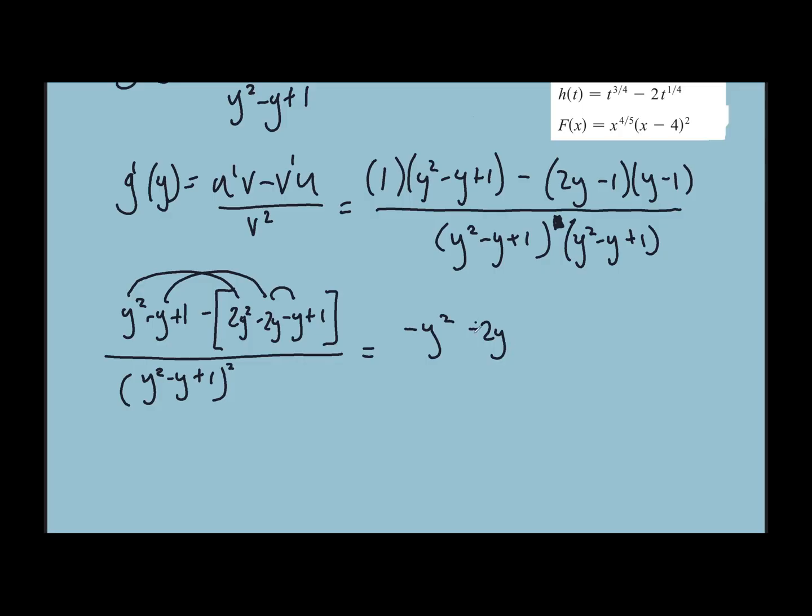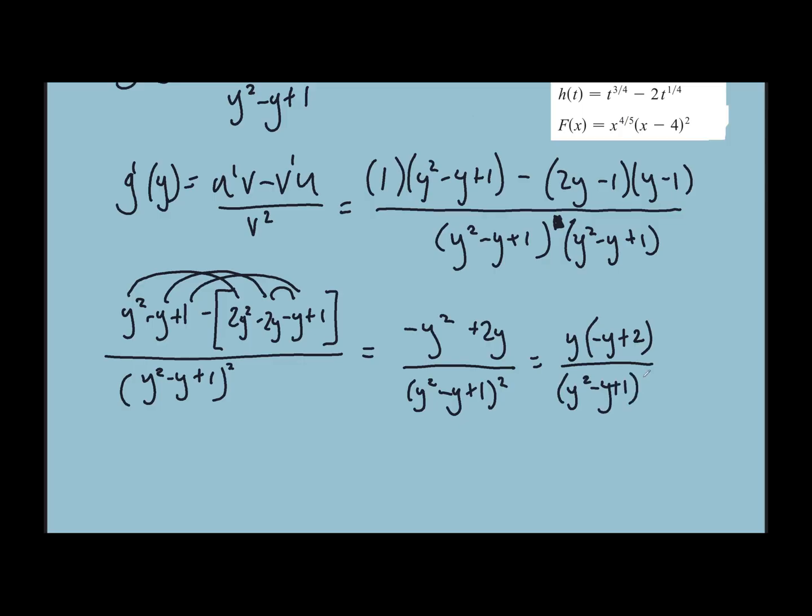Plus 2y. It's a plus 2y and a plus 1 and a minus 1. Okay, so it's just that on top. And we have a y squared minus y plus 1 squared on bottom. So if we factor, we can take a y out and we'll get a negative y plus 2. That's all over that denominator.